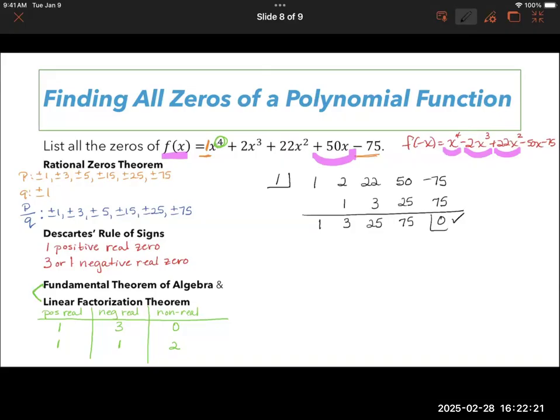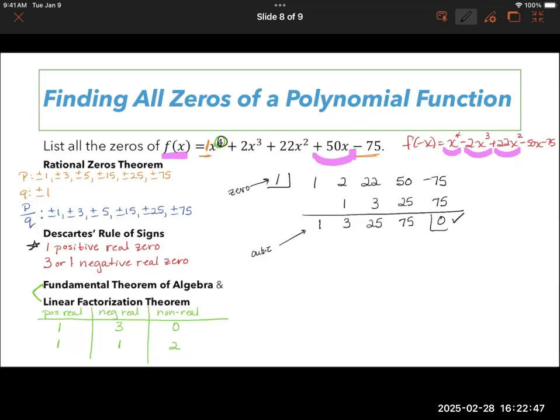So we went from a 4th degree function now to a cubic. All right, this is cubic, and we want to keep going until we get to a quadratic. But notice this positive 1 that I have as a zero now, there is only 1 positive real zero.